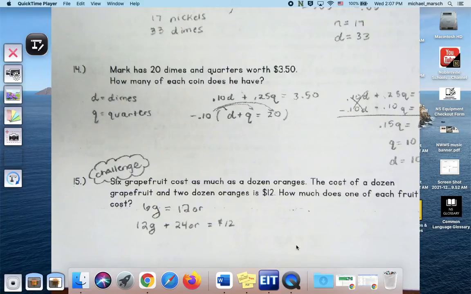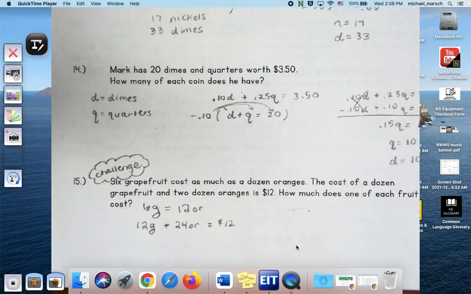I'm going to try to get a variable by itself. Hayden, what do you think? Maybe since 12 grapefruit is already equal to 24 oranges, you're kind of on it. You're thinking.